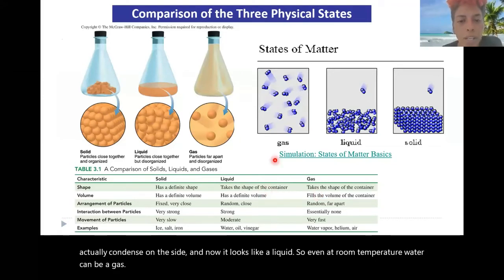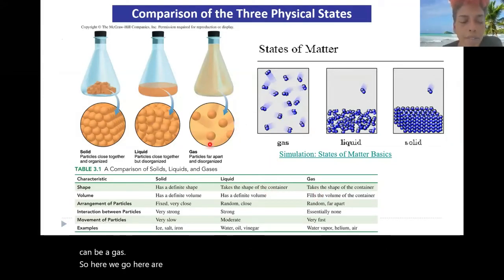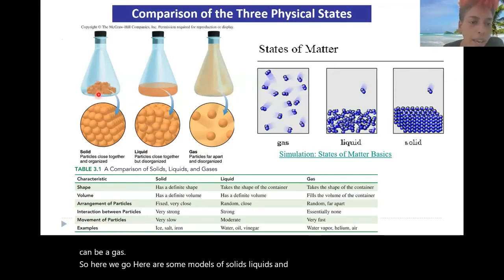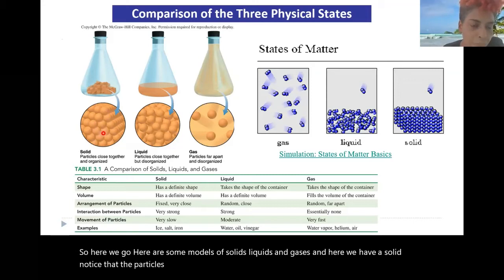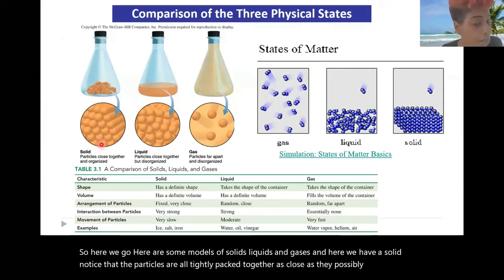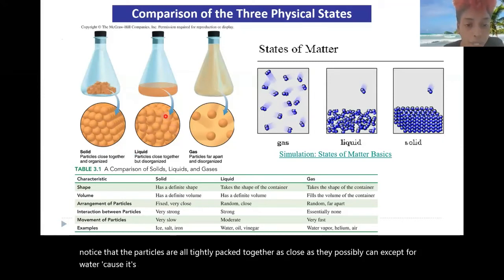So here we go. Here are some models of solids, liquids, and gases. And here we have a solid. Notice that the particles are all tightly packed together as close as they possibly can, except for water, because it's special. And in liquid, notice that the particles are tight together, but they're randomly spaced.